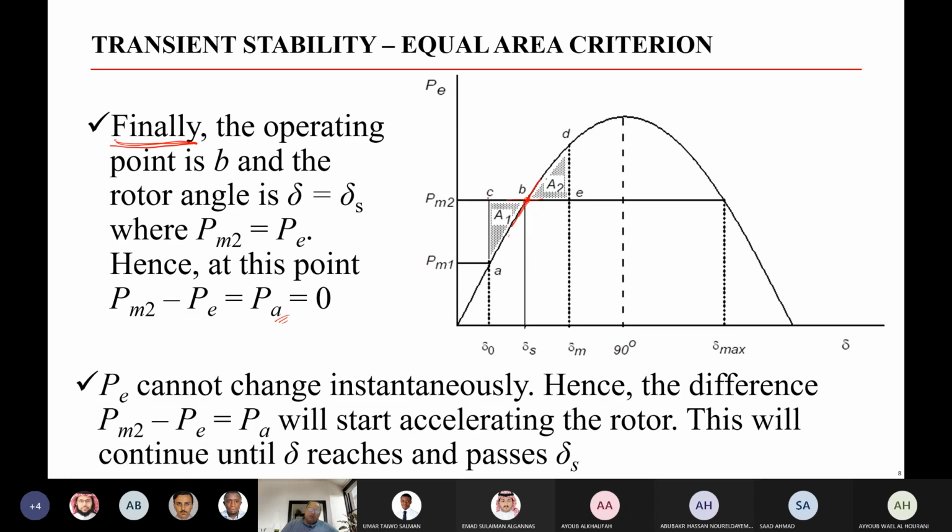When we have this sudden change in B mechanical, the electrical power will start to increase as such. But due to the inertia, the system will continue. Once it continues, B electrical becomes greater than B mechanical, and this becomes a deceleration. So it will come back and forth until it settles down at this point.